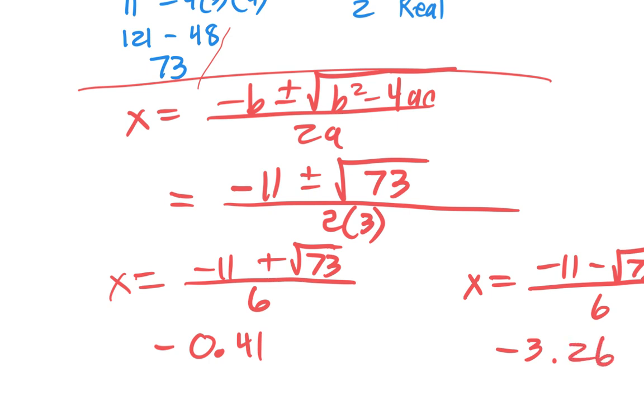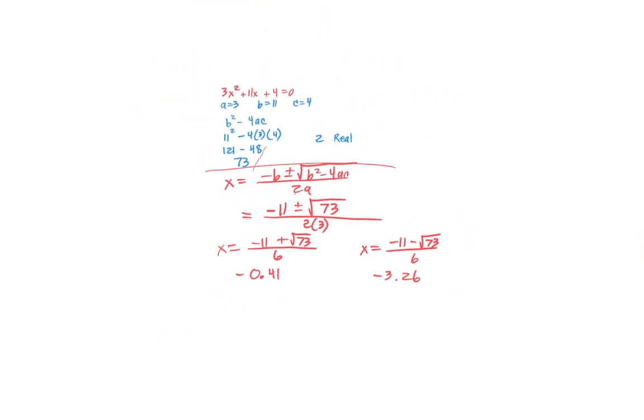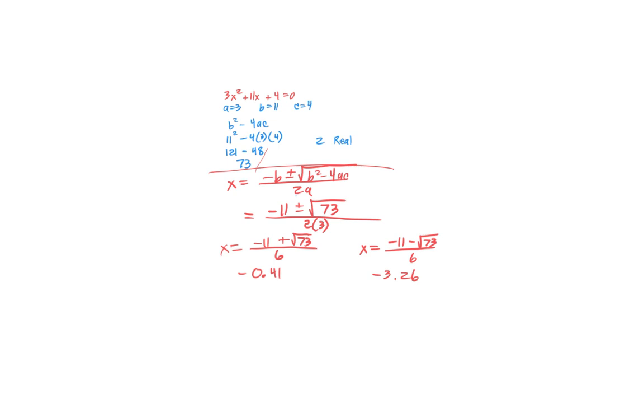Okay, so come back to page, delete all this stuff. So we've got x squared minus 2x plus 5 equals 0.